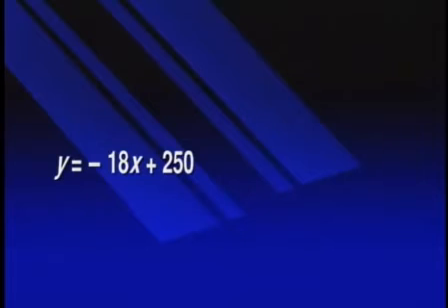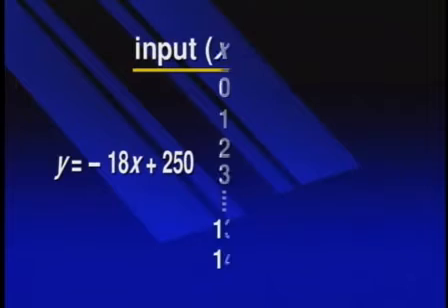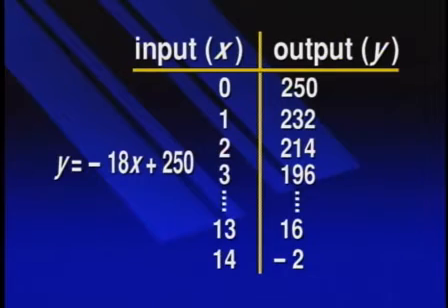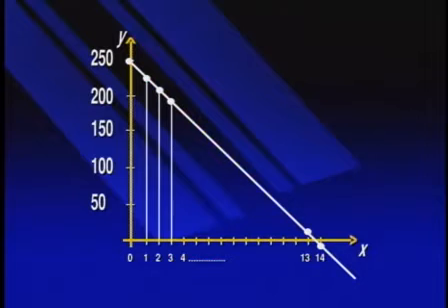Now let's go back to the second equation, our interest-free loan. The equation that describes this situation we saw was y equals negative 18x plus 250. And the corresponding input-output table of ordered pairs (x, y) is indicated by the next visual. We have the graph we also saw was a line, this time moving downward.